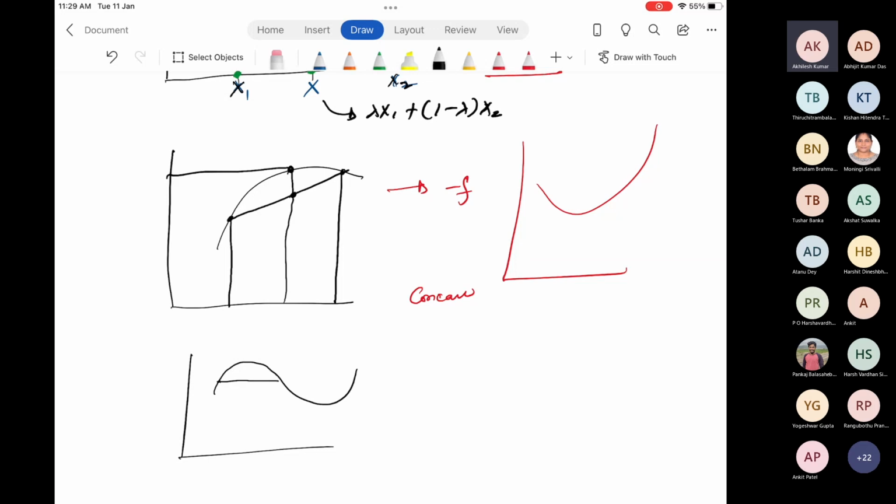If you try to join these 2 points, it will be satisfied on this part, but it will not be satisfied on this part. But if you define the boundary conditions, you can define it as convex or concave. As far as the whole function is concerned, you say neither convex nor concave.